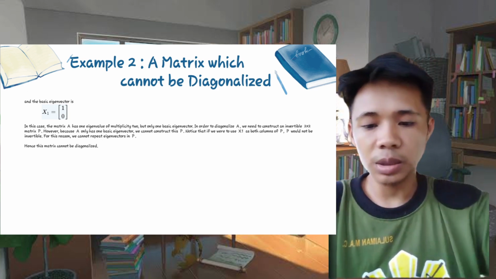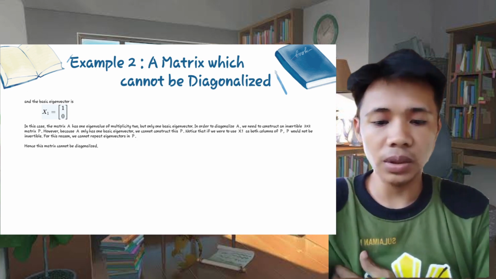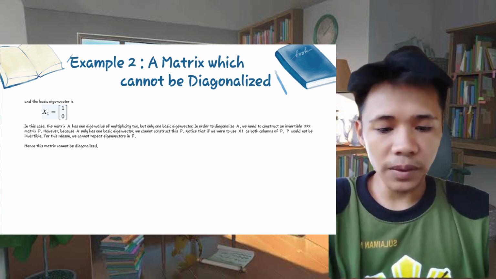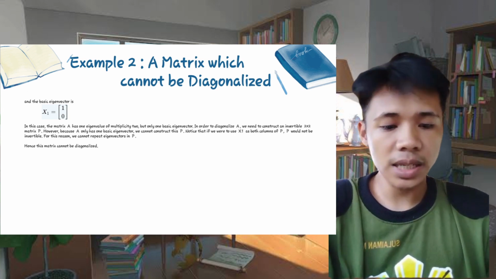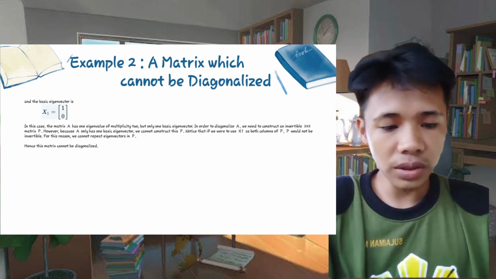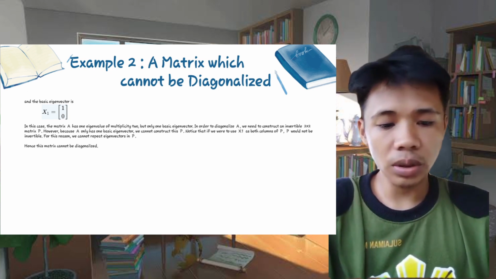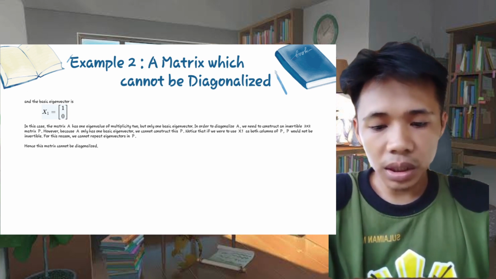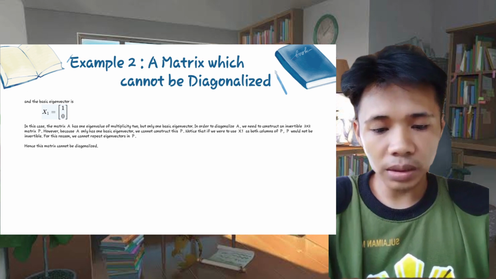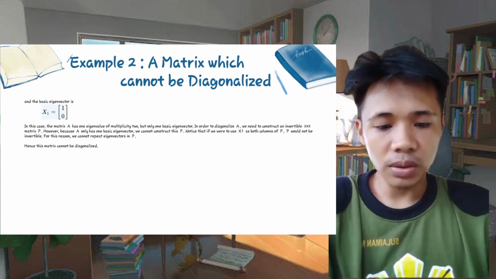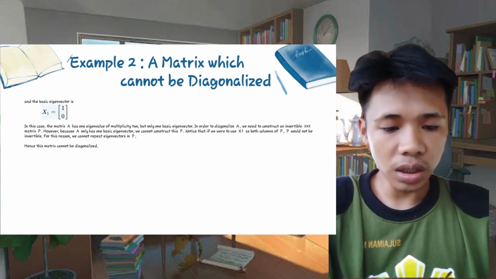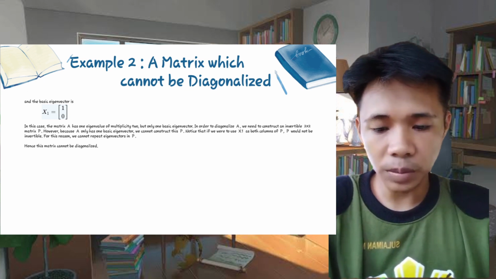In this case, the matrix A has an eigenvalue of multiplicity 2 but only one basic eigenvector. In order to diagonalize A, we need to construct an invertible 2 by 2 matrix P. However, because A has only one basic eigenvector, we cannot construct this P. Notice that if we were to use x1 as both columns of P, P would not be invertible.